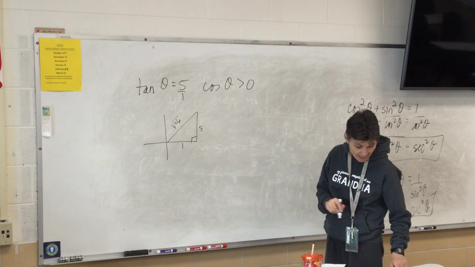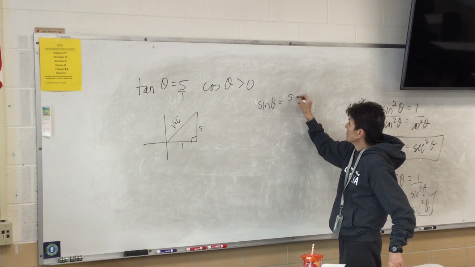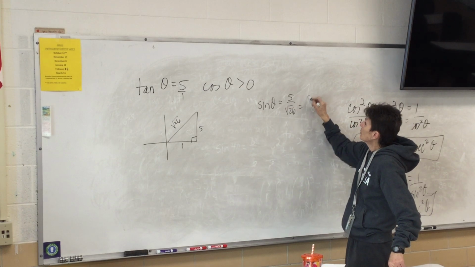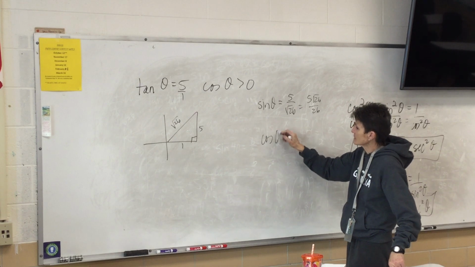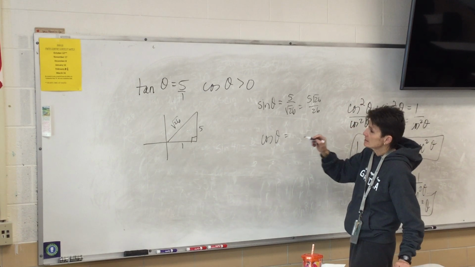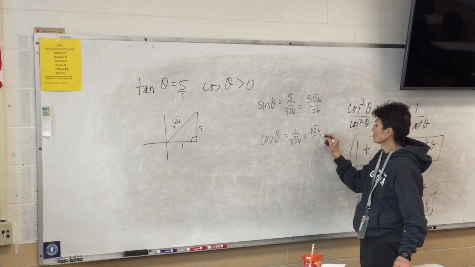So the sine is 5 over root 26, or 5 root 26 over 26. And the cosine is 1 over root 26, or root 26 over 26.